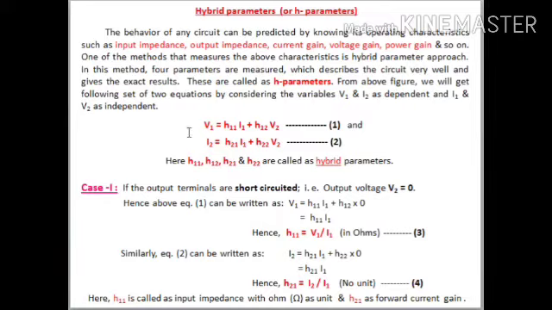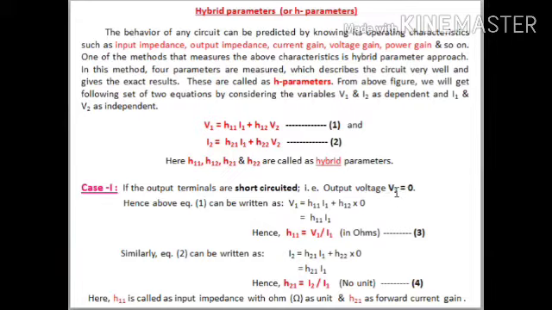Now see, case first. If the output terminals of the two-port network are short circuited, that means output voltage V2 equals 0. We are going to short circuit the output, that's why V2 equals 0.